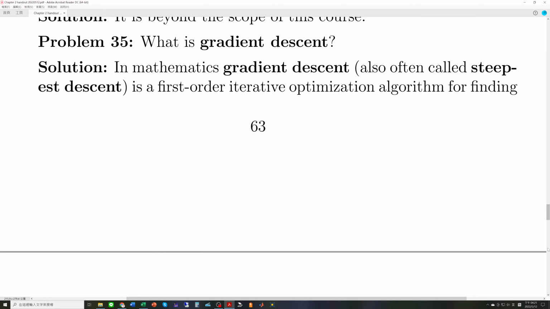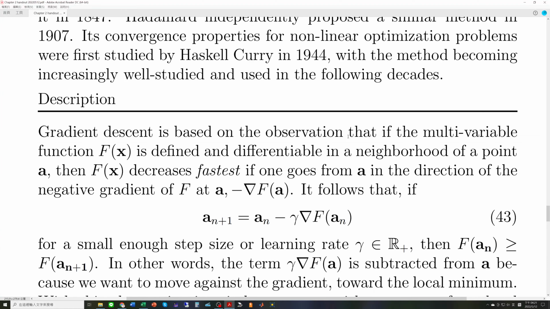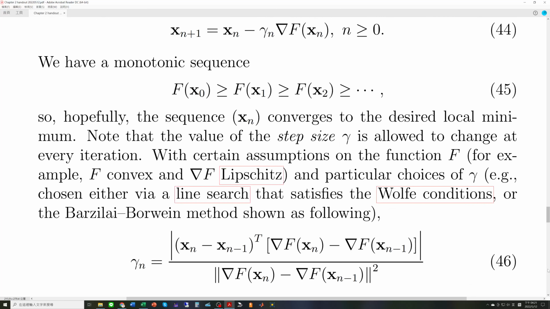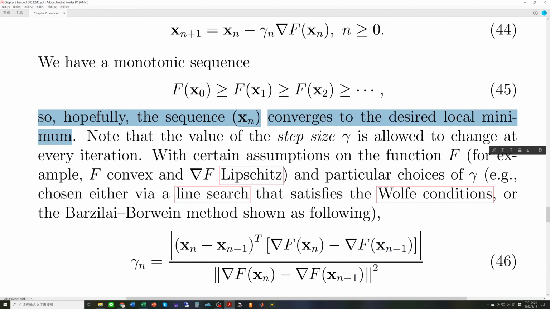Capital F is a multivariable function. f of x is defined and differentiable in a neighborhood of a point A. So hopefully the sequence xn converges to the desired local minima.